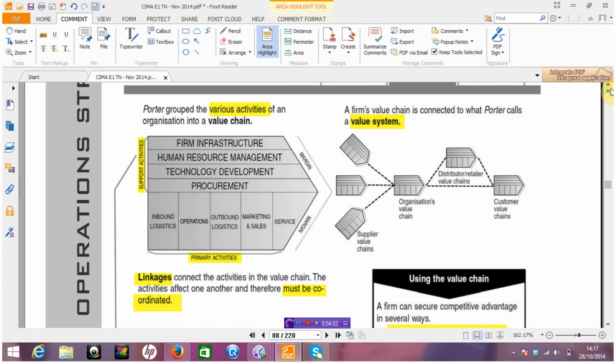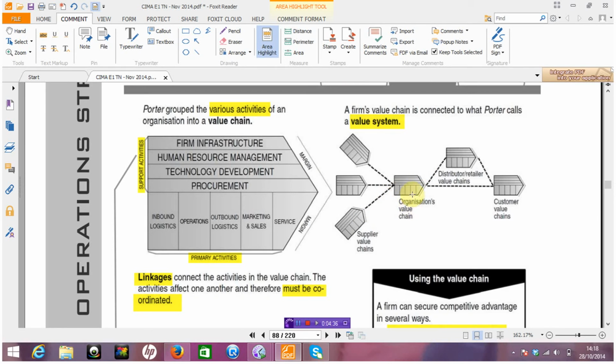Okay. Now, over and above the individual chain for an individual company, what Porter refers to also is something that we call a value system. So what does that mean? Well, really, what that means is that there are a series of value chains for a series of different companies, and really that they all link in some way along the supply chain. So what you have here is the organization itself, their value chain, and you have a series of suppliers supplying goods or perhaps services in some way to the organization itself.